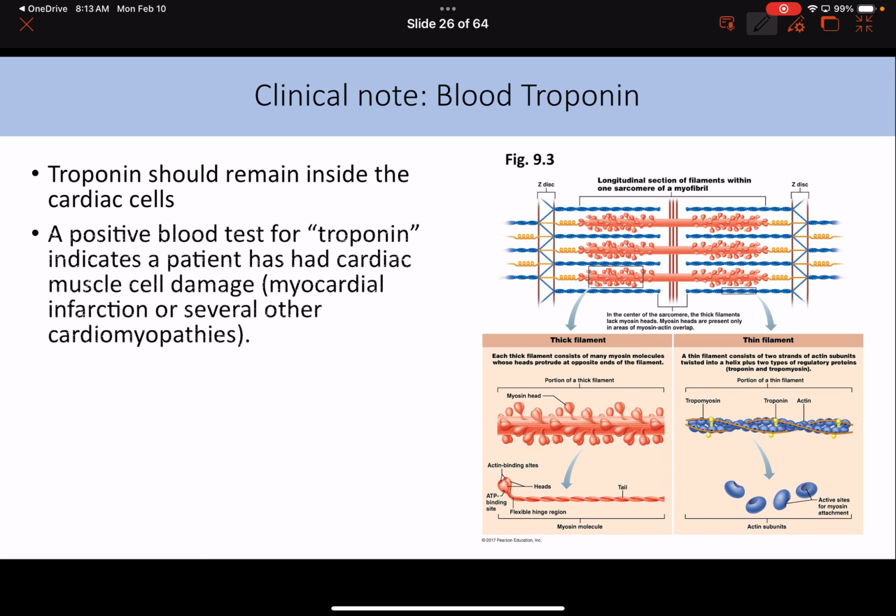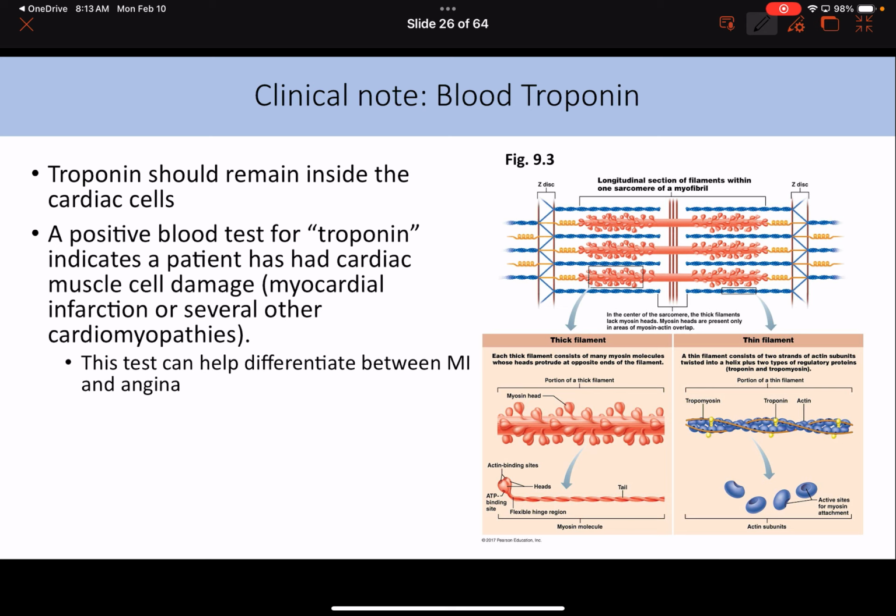And so if you have a positive blood test for troponin, that indicates that a patient has had cardiac muscle cell damage and that troponin was allowed to leak out into the blood. So this could mean a myocardial infarction or an MI, or several other cardiomyopathies, which are other conditions of the heart. And this can help differentiate between an MI and angina.